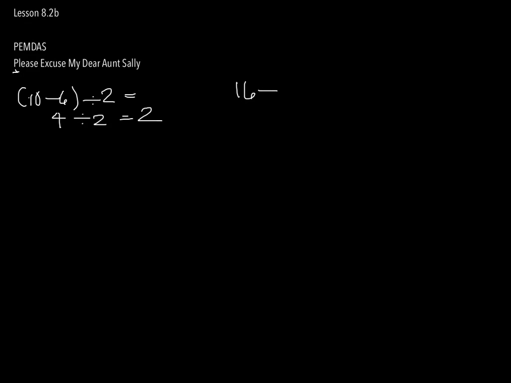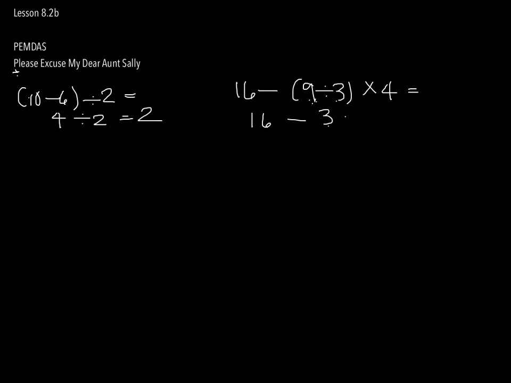Alright, next problem. 16 less 9 divided by 3 in parentheses times 4 is equal to what? Okay, first step, parentheses, P. Okay, 9 divided by 3 is 3, times that by 4, and okay, so 16 less 3 times, whoops, I got ahead of myself here.